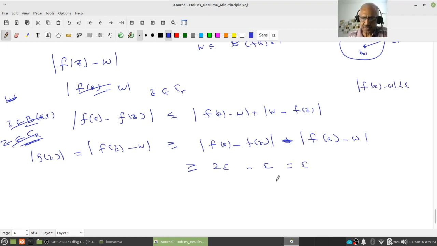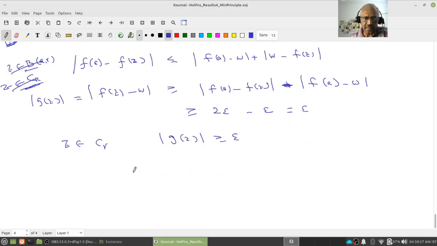this is epsilon. Therefore what I have shown, for z in CR, is that modulus of gz is greater than or equal to epsilon, but at a, which is in the BAR, mod g of a is f of a minus w, that is less than epsilon, right?